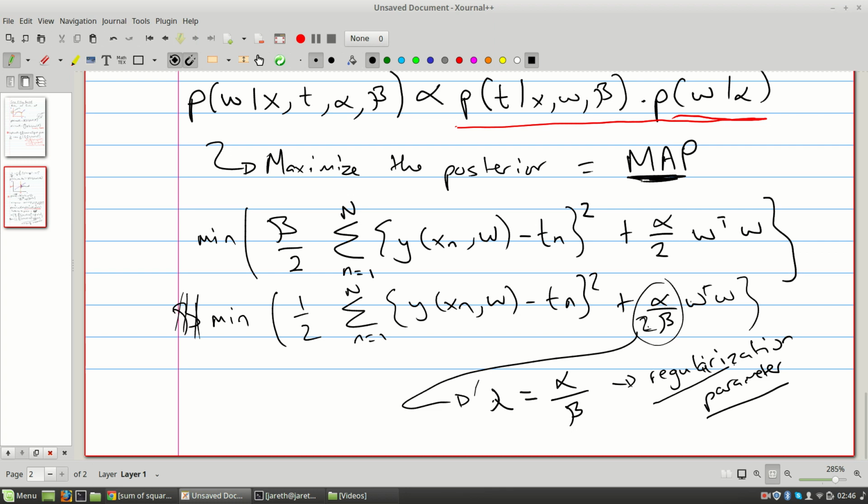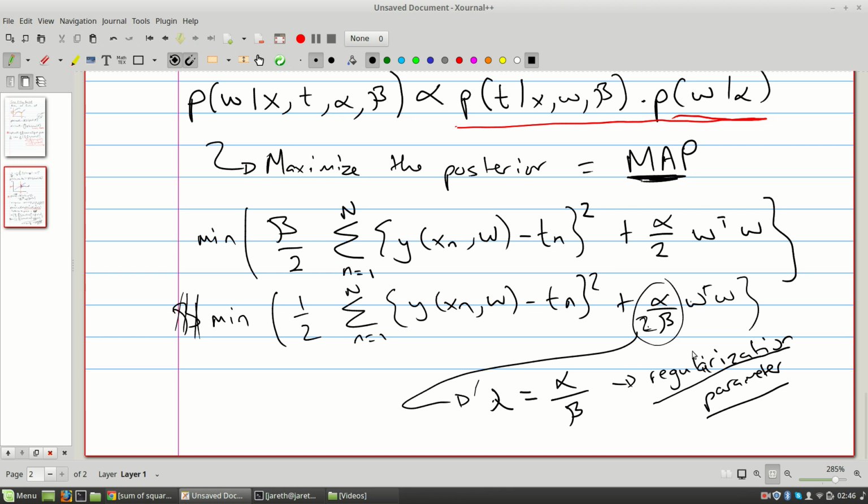So this is something you might have encountered. If you had taken some introductory courses in machine learning, you might have encountered what regularization is. This is something that we can tune by using this lambda here, which is alpha over beta. So this is a hyperparameter as well, which controls regularization.